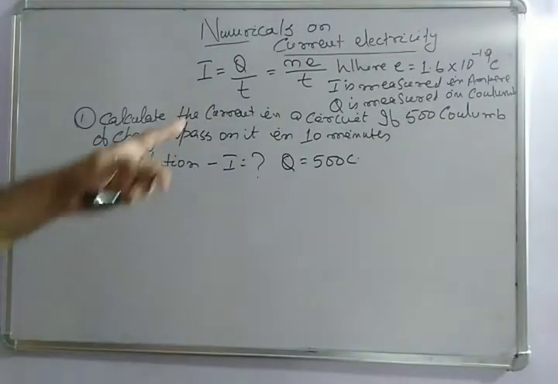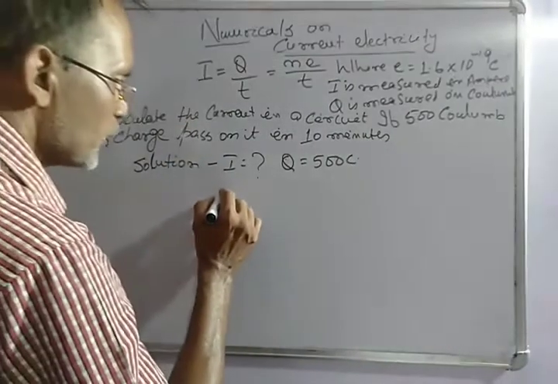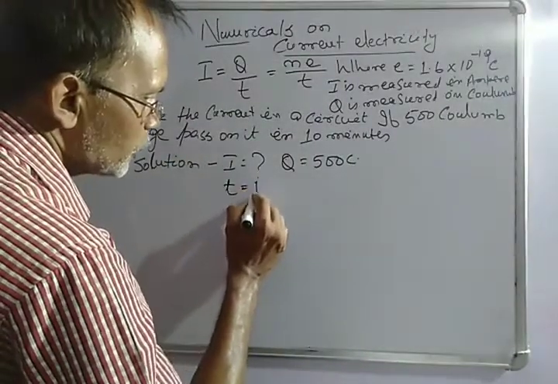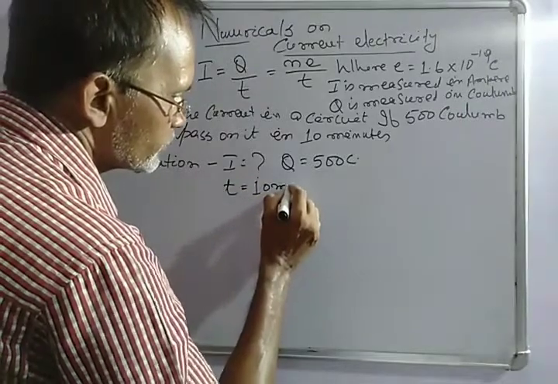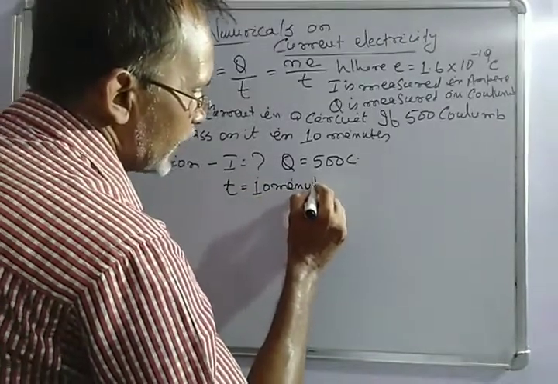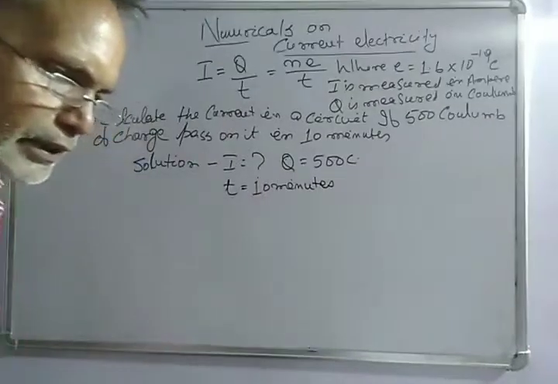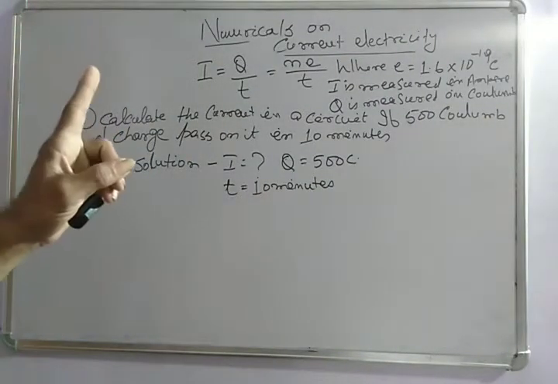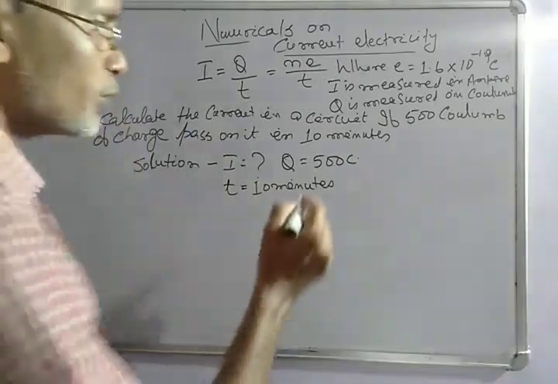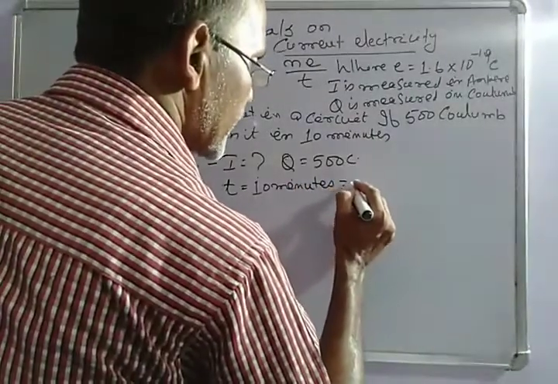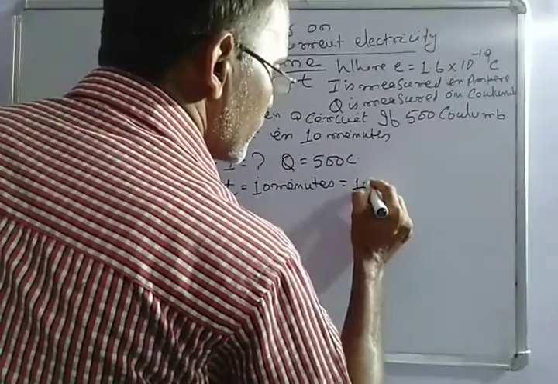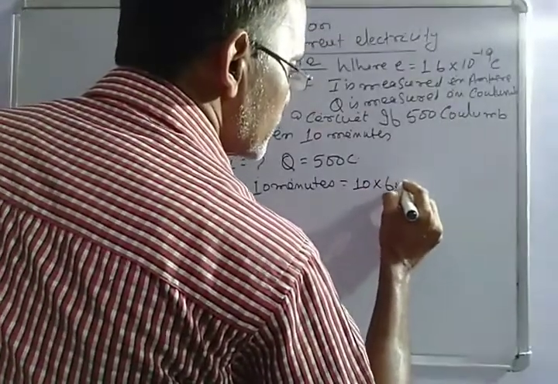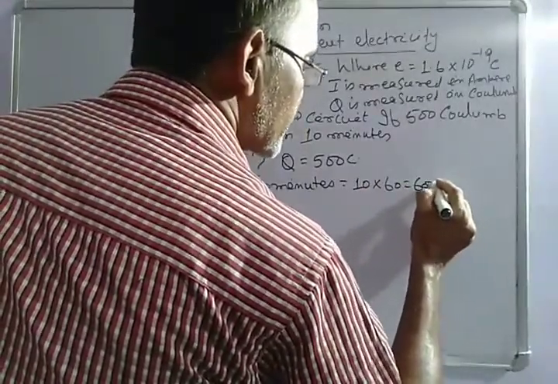Now the time is given here. Time is equal to 10 minutes. You have to convert this 10 minutes into seconds because time is always calculated in seconds. So 10 into 60 is equal to 600 seconds.